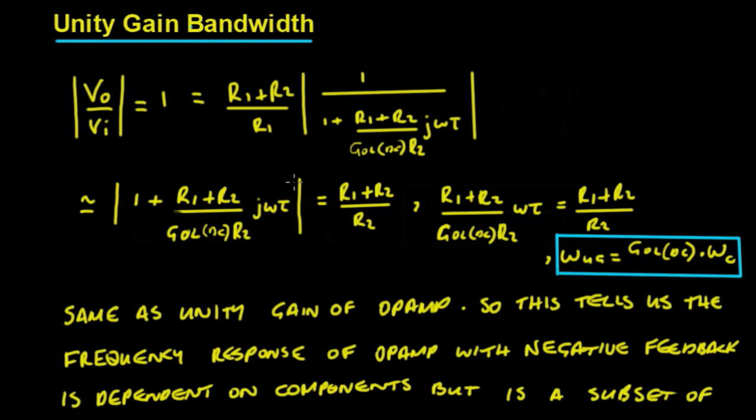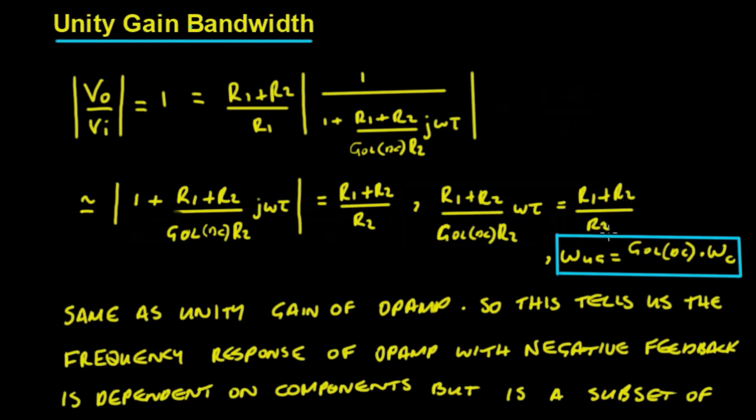Also the magnitude of this section here, well, if we ignore that value of 1, it's just going to be the square root of this section here squared, which is just going to give us R1 plus R2 upon the g omega, LDC, R2 times omega tau. So it's just this section here. So this whole thing is going to equal R1 plus R2 upon R2.